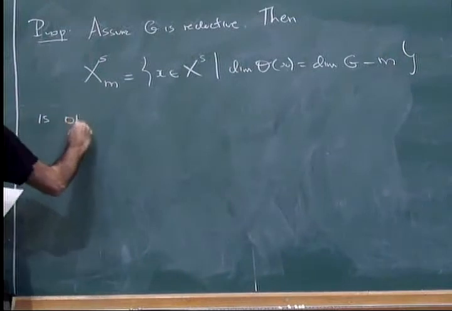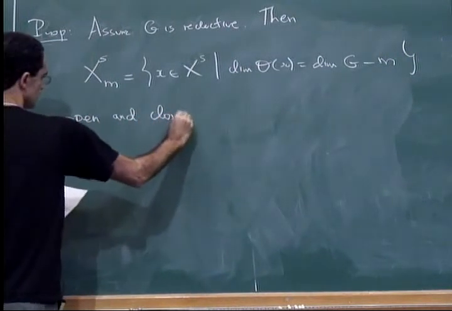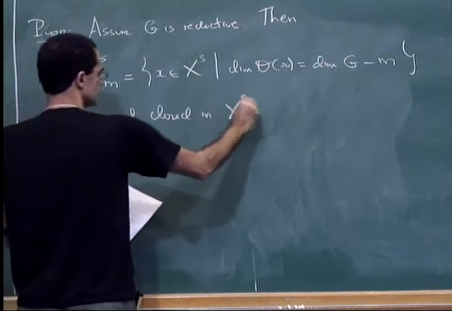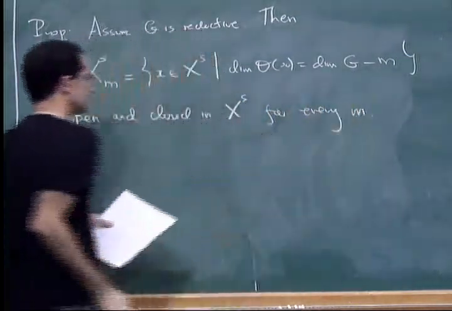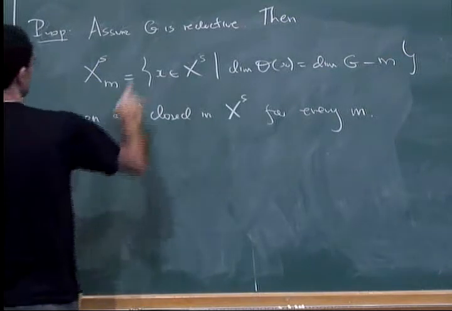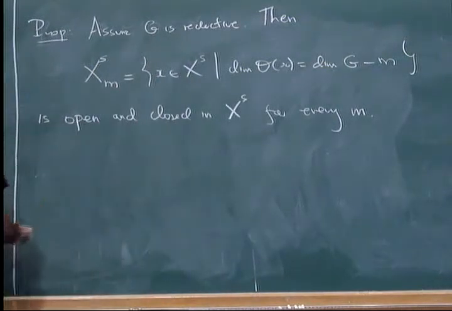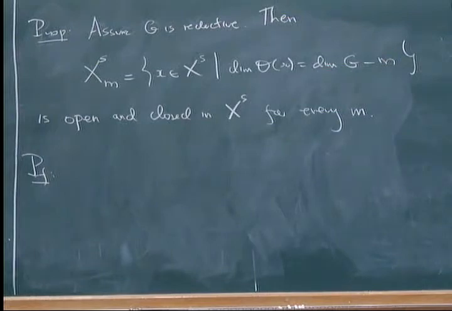And this is both open and closed in X^s for every m. Okay. Usually such a thing would be locally closed, but we're talking about an action of a reductive group. And in fact, what we're going to use is just the fact that there is a geometric quotient for X^s.